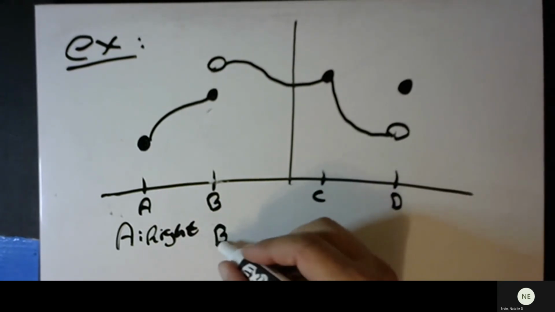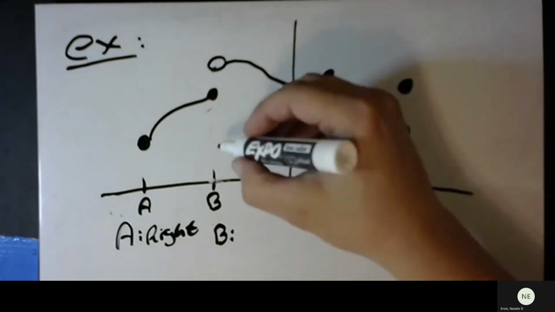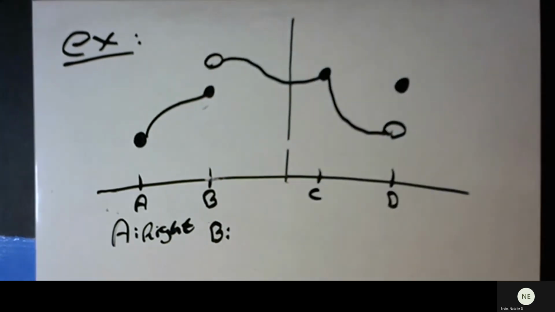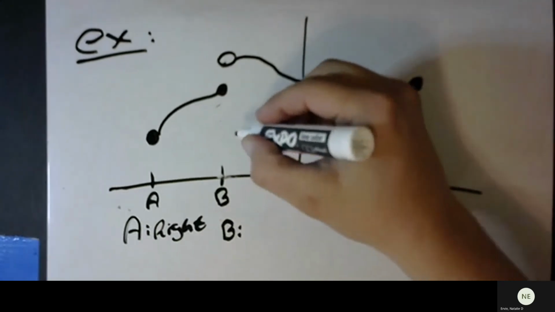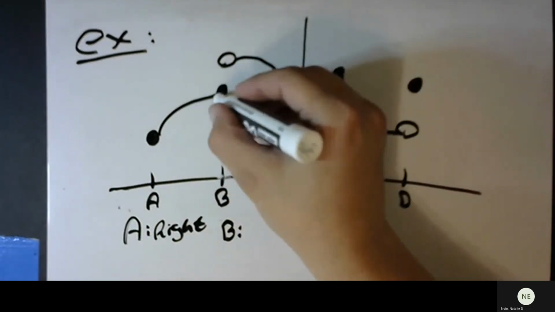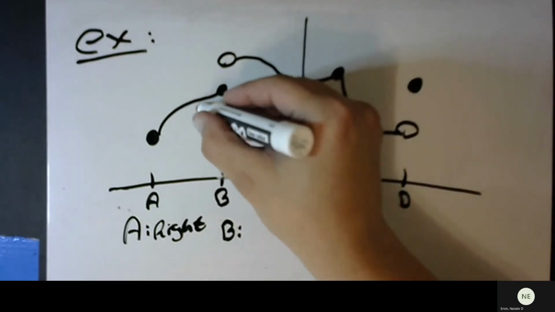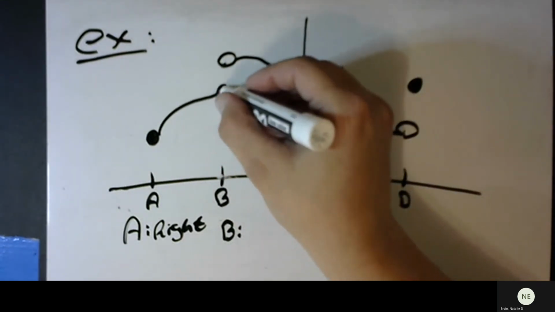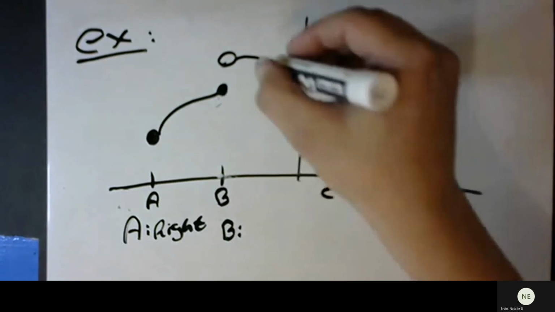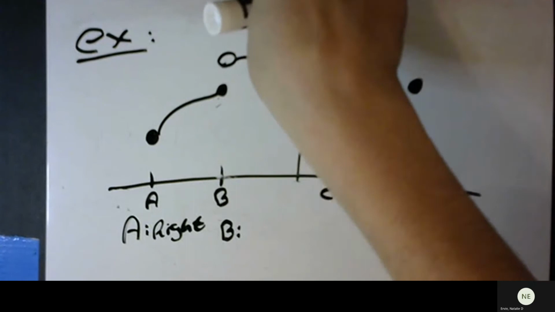Now for B, f of B exists. That is true. But if we look at the limit approaching from the left, the limit approaching from the left equals f of B. The limit approaching from the right doesn't.